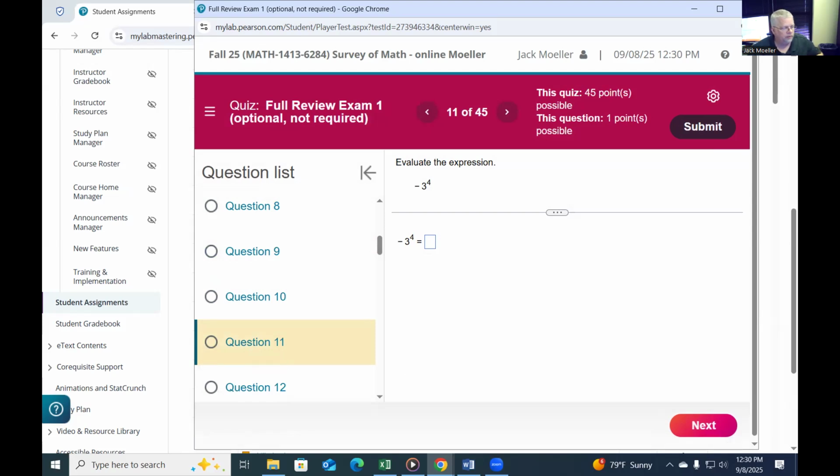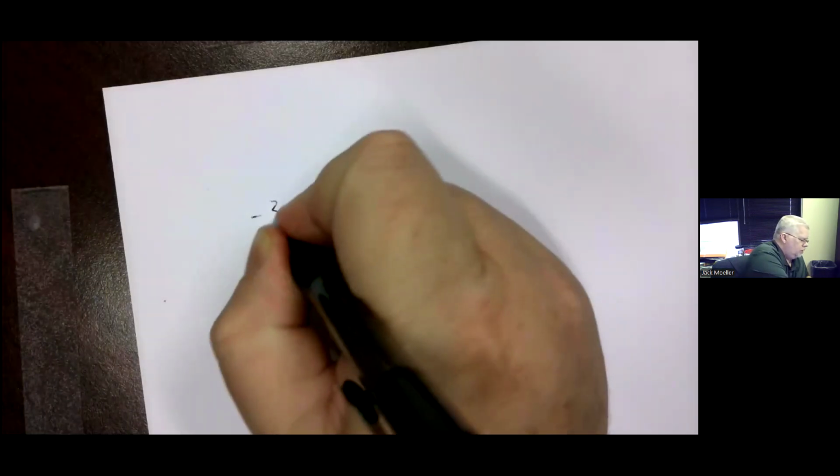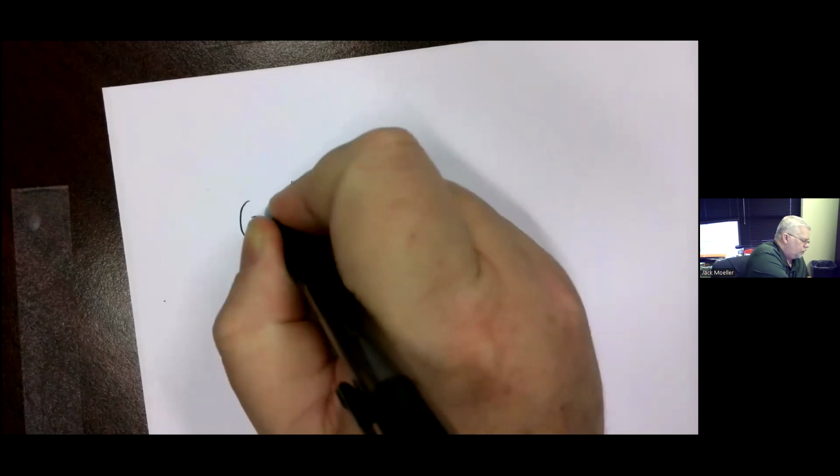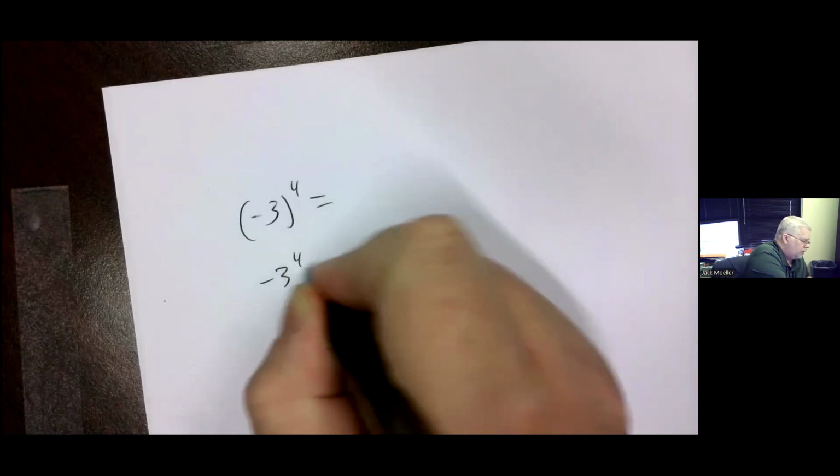So what is the difference here? This is one of those things that the calculator doesn't know what the original problem is, so you have to do this work yourself. Or the calculator will give you an answer no matter what.